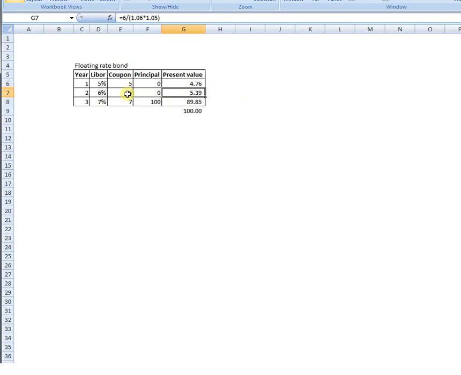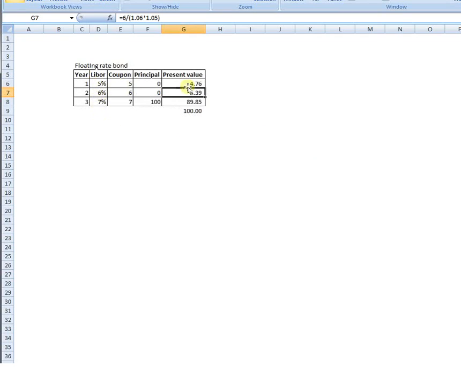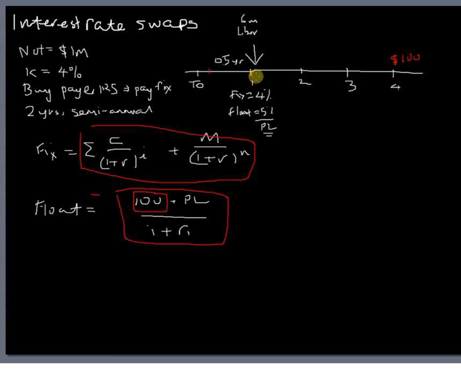Discount $6 back to present value: 6 divided by 1.06 to the first year, and divide by 1.05 to the present, and so on and so forth. You can see that if you sum everything up, you get $100, which is the par. So back to this example, at this point in time we are going to receive a floating every year, and then $100 notional at the end of the whole thing.